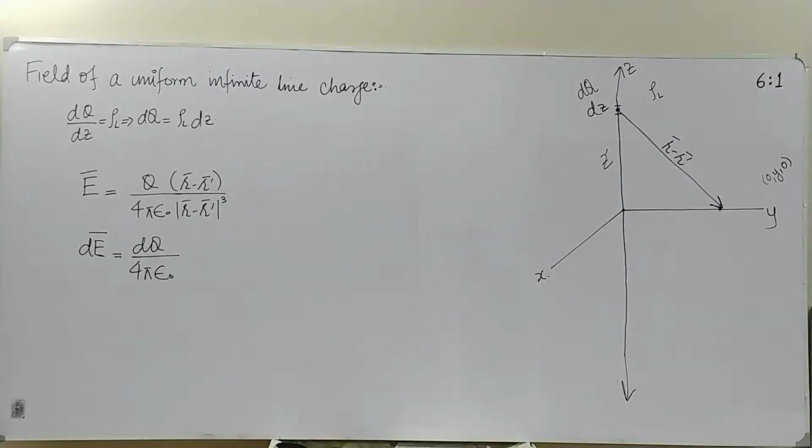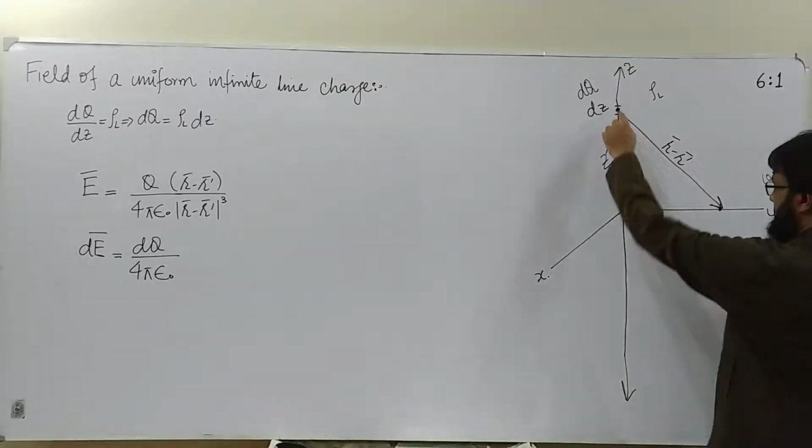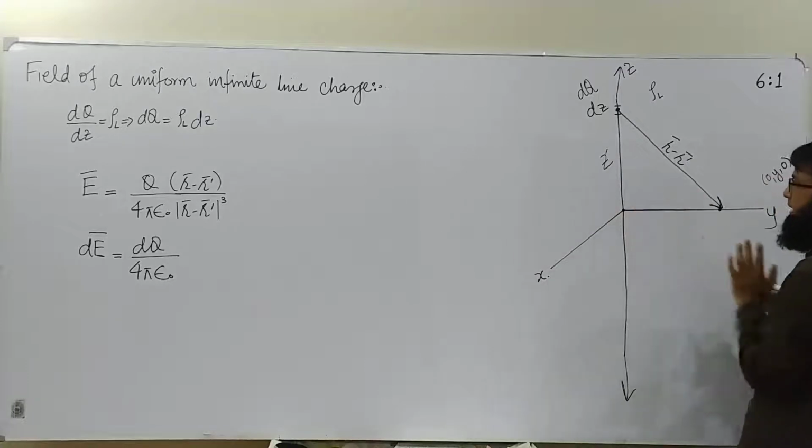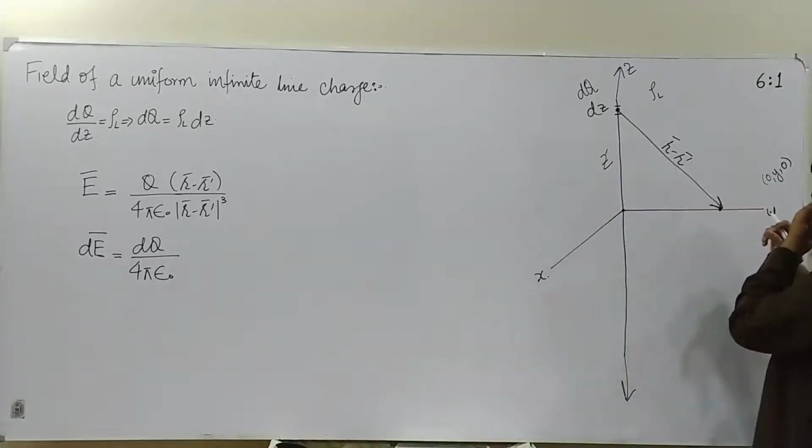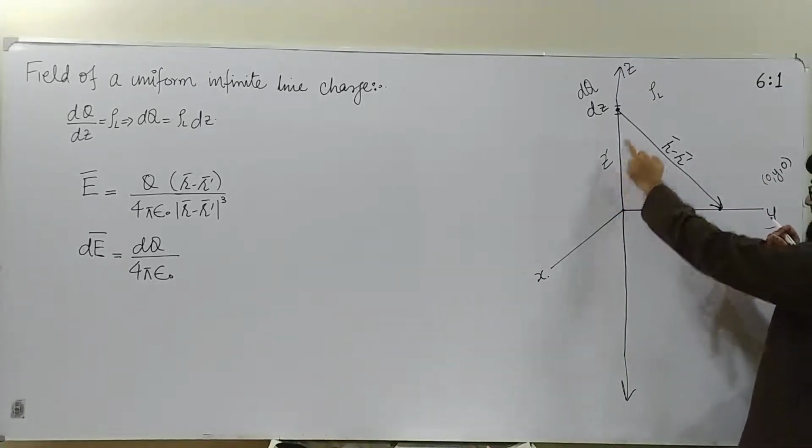So that's why I'm using z prime as the height of this segment with respect to the z equals 0 plane, or origin simply. Okay, so this is this height.